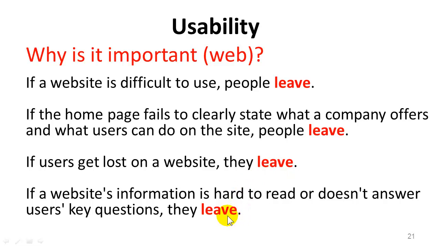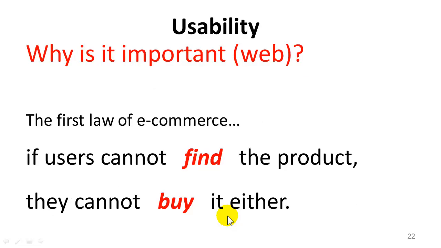If the information is hard to read or doesn't answer our questions, we will leave. The first law of e-commerce, if that's applicable: if you cannot find the product, you can't buy it. Making it easy for us to find what we're looking for and to purchase it.